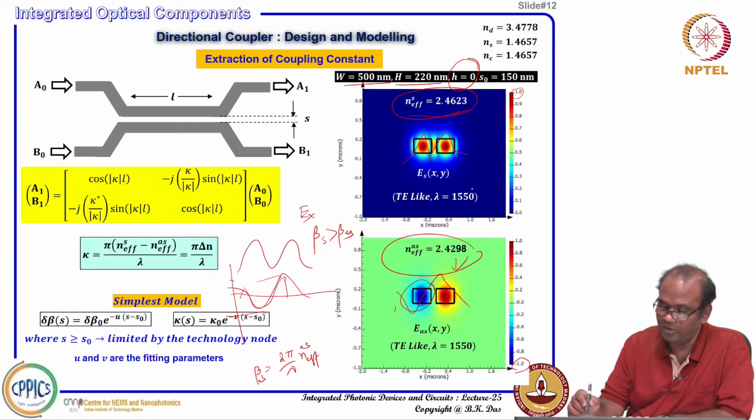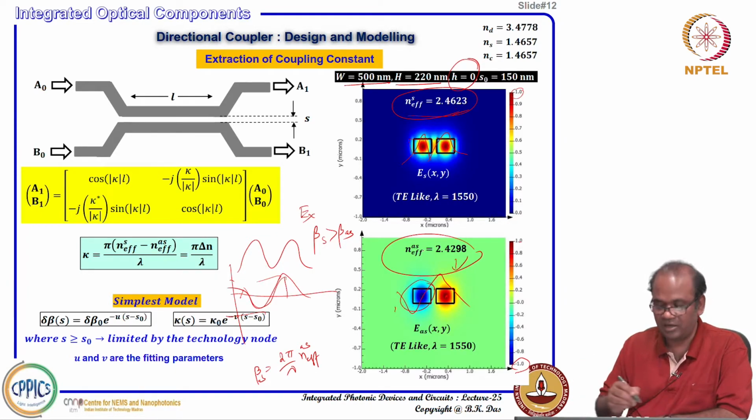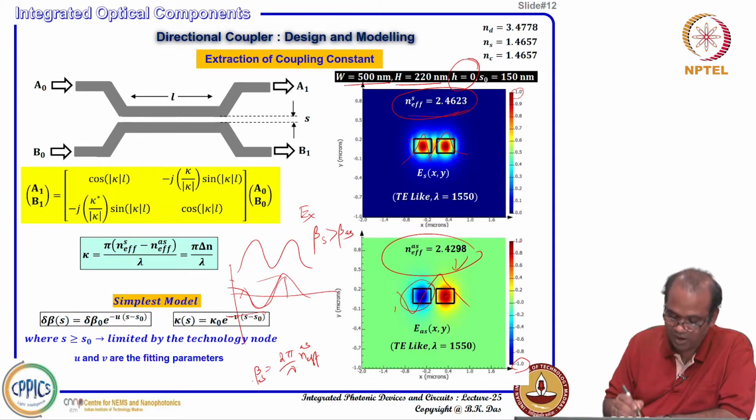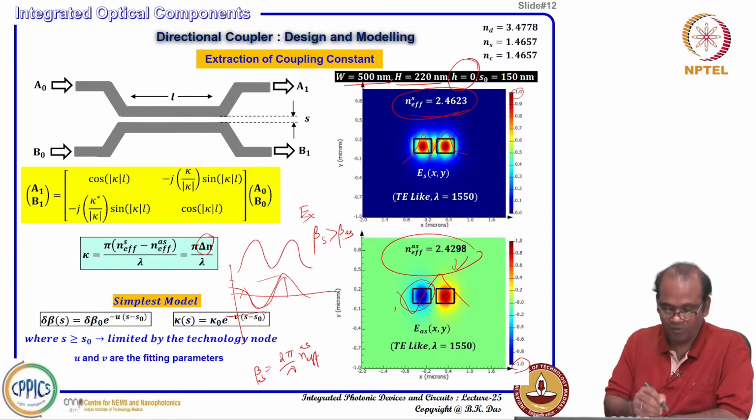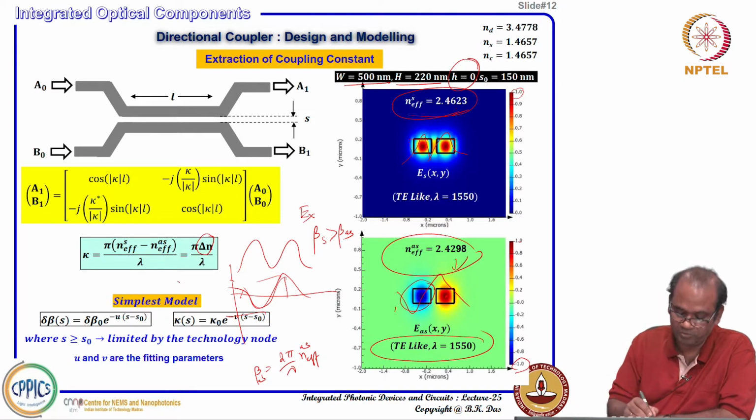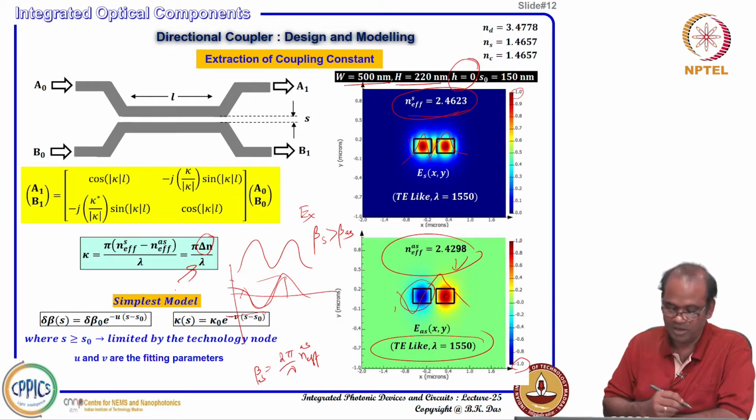So, now I know the n effective value for symmetric and for asymmetric. I can easily find out the delta n value, the difference. Once you know the difference and lambda, we are calculating at 1550 nanometer, put down the lambda value. Then I can find kappa if lambda is in micrometer.